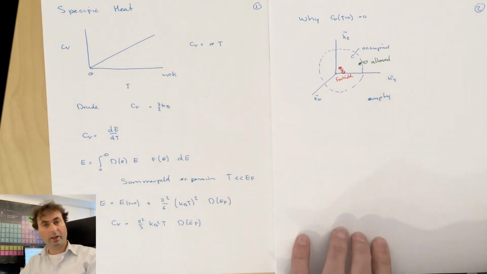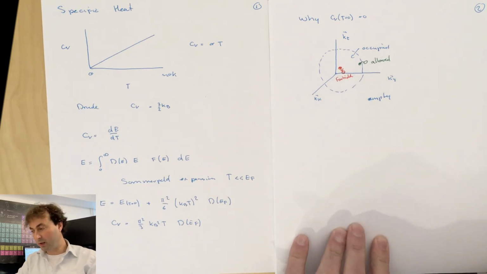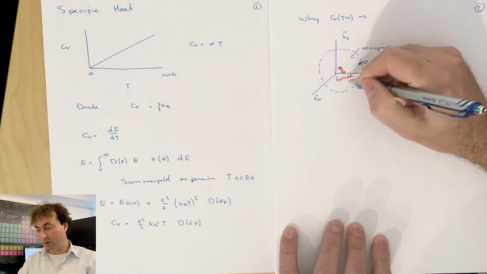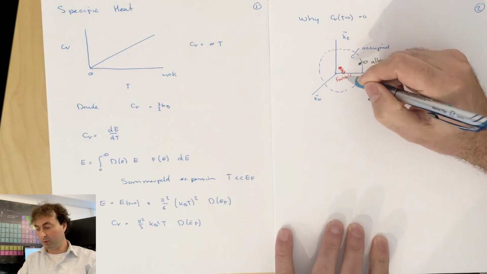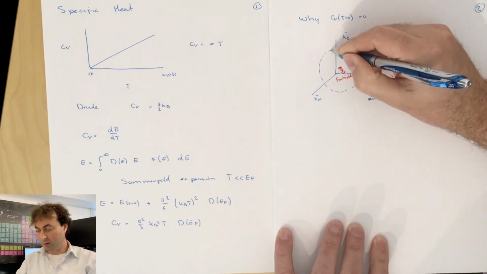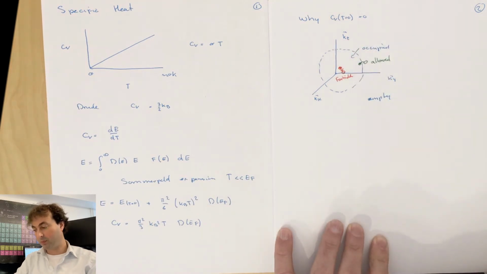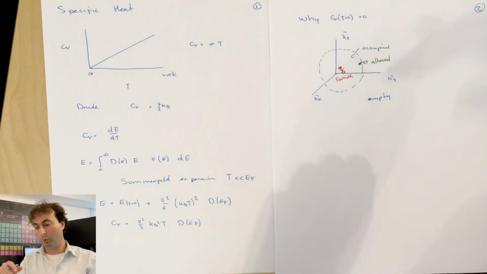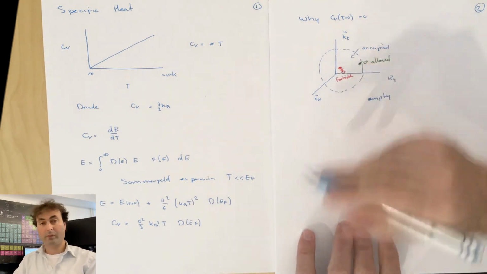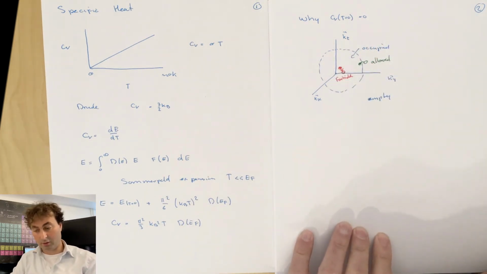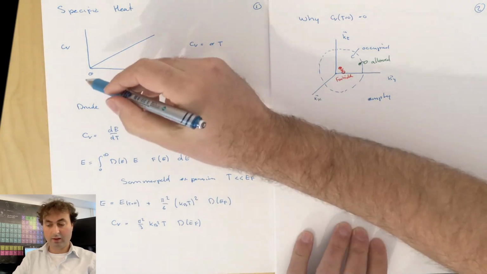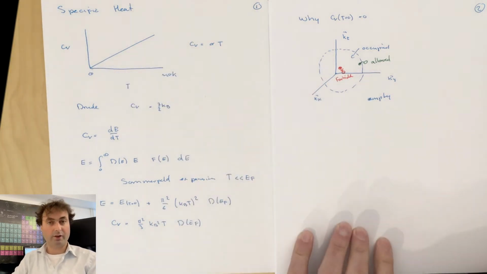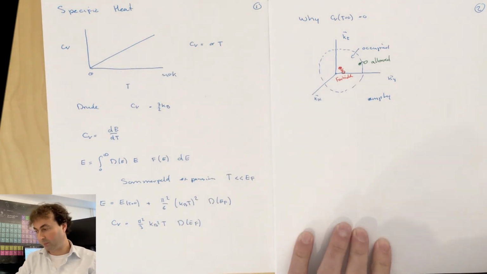Now, if you want to make excitations at zero energy, you cannot do that inside the volume of the Fermi sphere, but you can only do that at the Fermi surface. Now, the ratio of electrons at the Fermi surface to the number of electrons inside the Fermi sphere is 0. So indeed, you will find that the specific heat will scale down to 0.